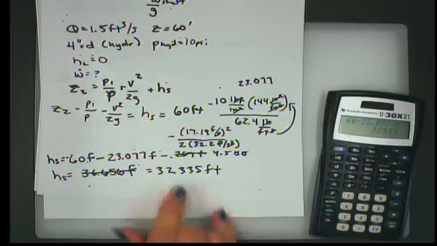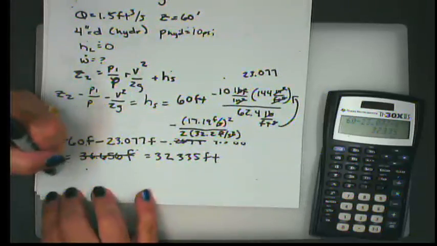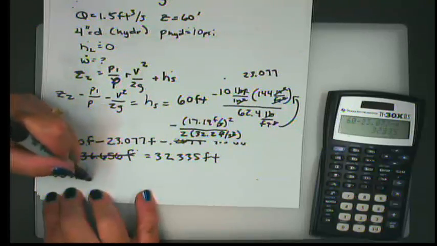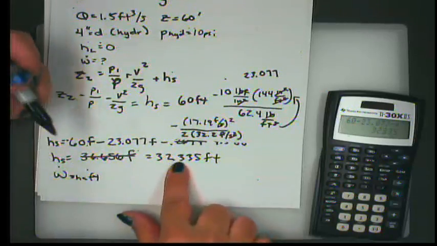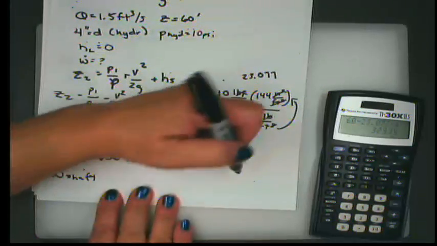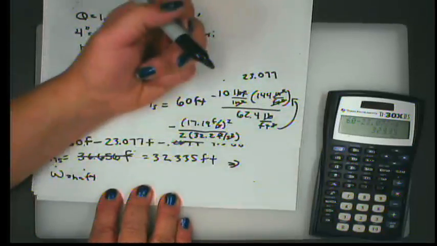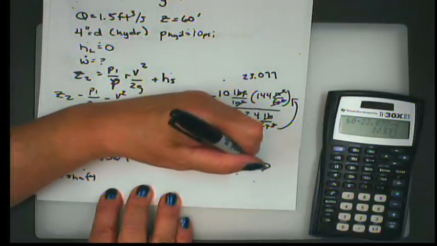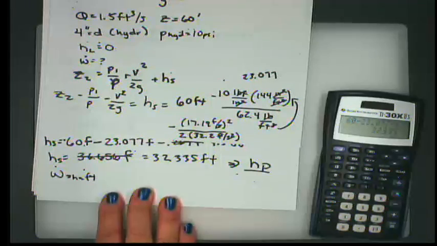All right, so I need to gain 32.335 feet. How do I turn that into a W dot term? This is correct, but what kind of a unit do I want? A good unit for power from a pump in the English system is horsepower.